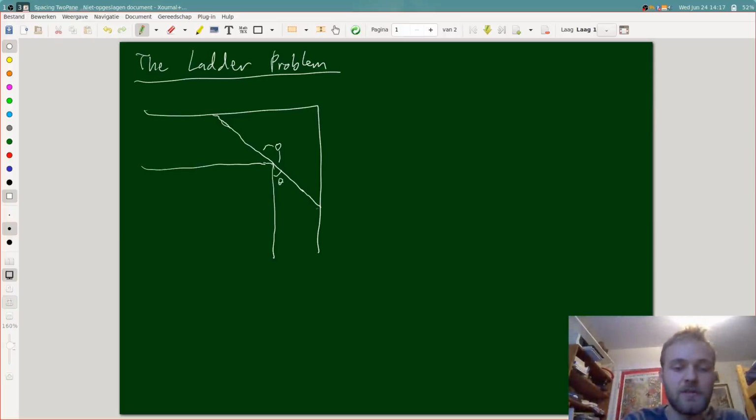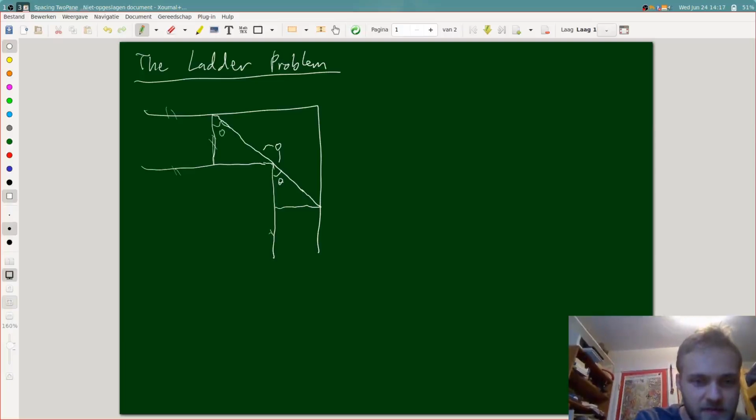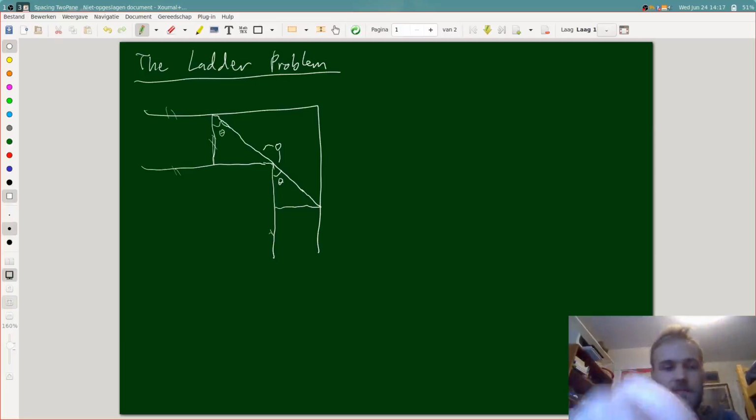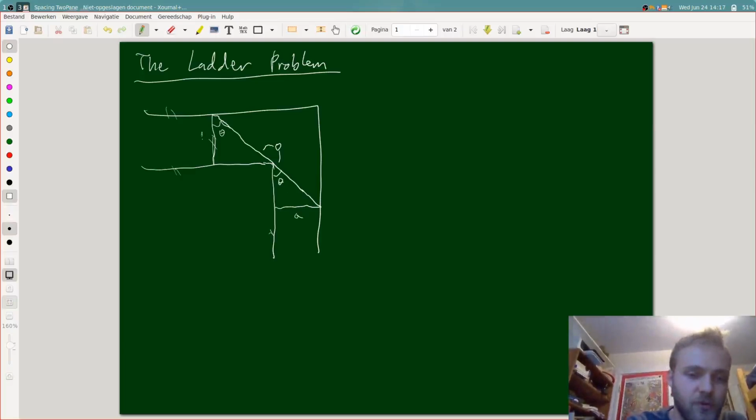But before we can do calculus, we need to get some function of the length of this ladder in terms of theta. So let's get to work with some trigonometry. Okay, we see these two are parallel lines, so this angle is the same as this angle. And we're going to say that we know the width of the corridor.